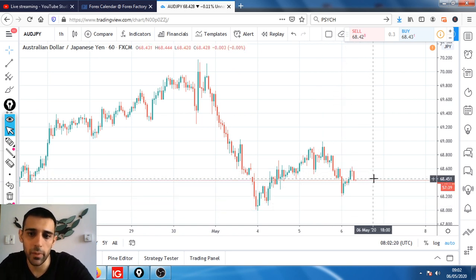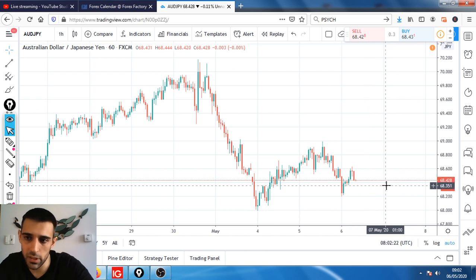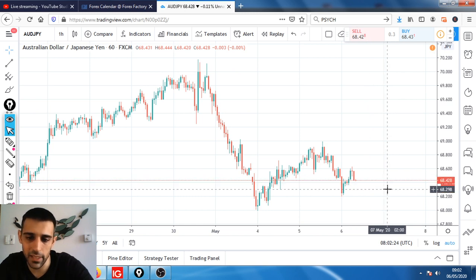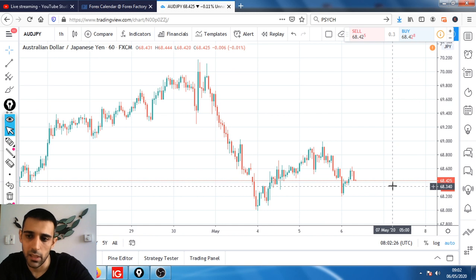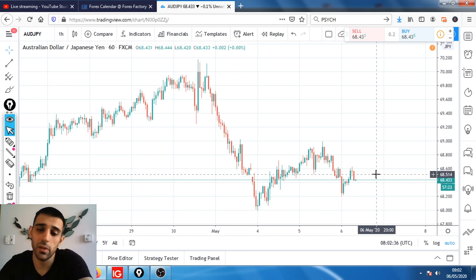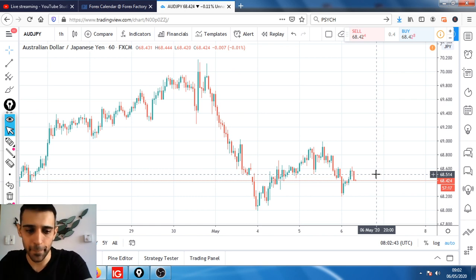So 15 or 20 pips stop loss on this one, and our target is at 67.70. Now let's calculate. If you go in at 68.35, then we're looking at about 65 pips with that 15 or 20. So we can justify taking a 20 pip stop loss because the risk reward is going to be 1 to 3, just about 1 to 3.